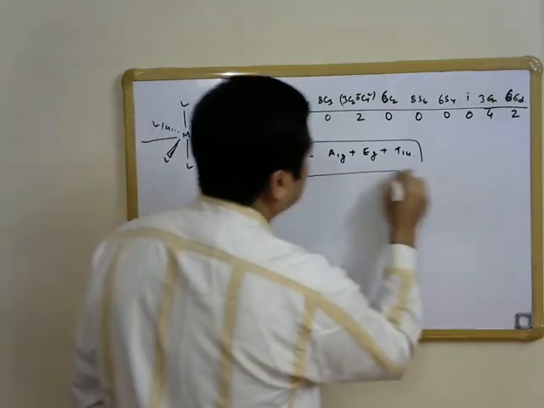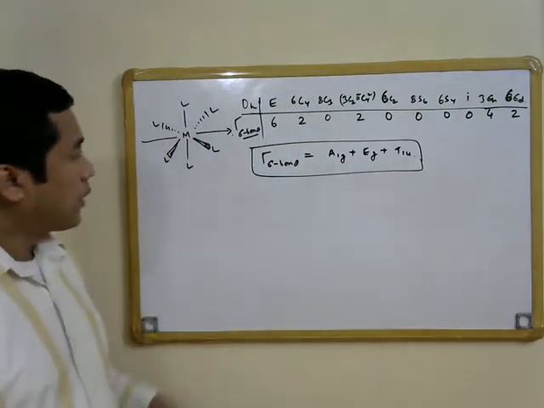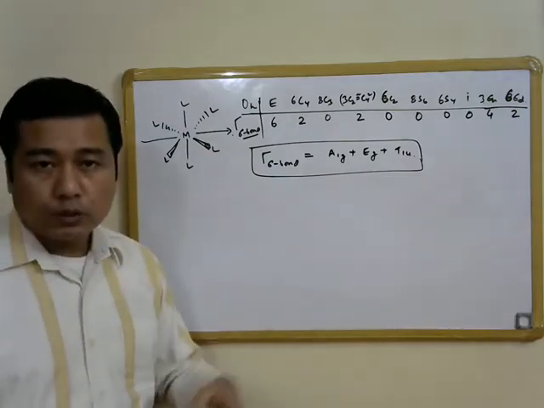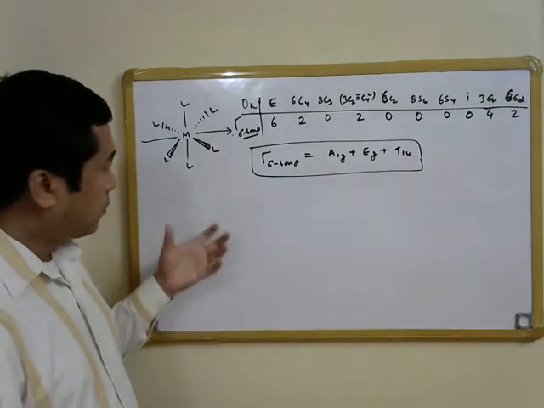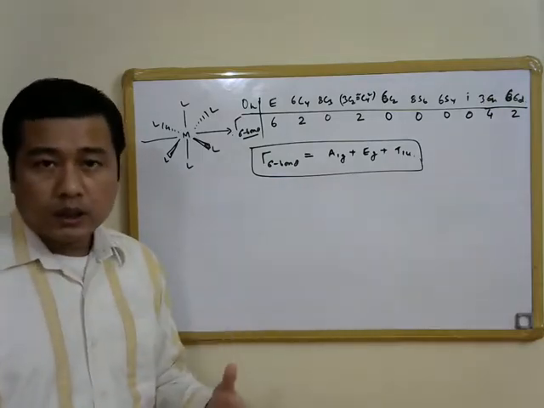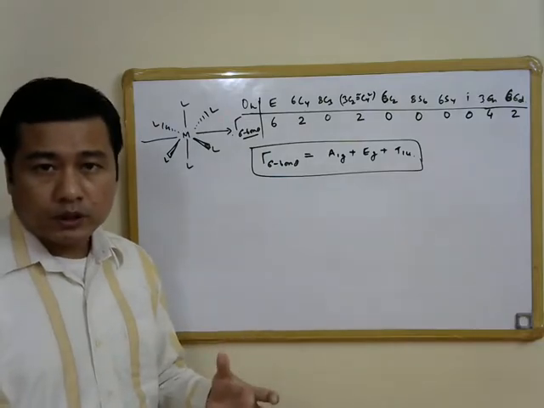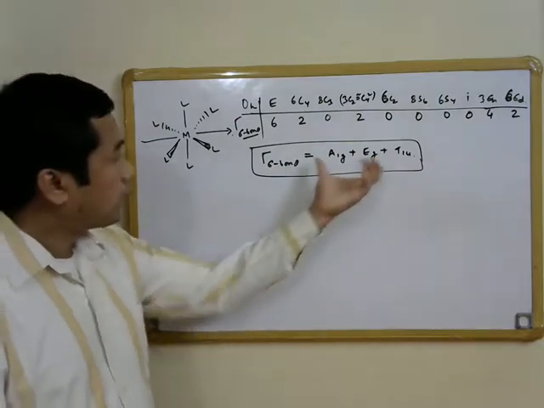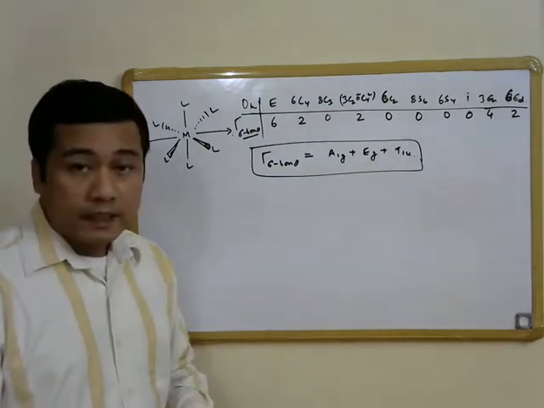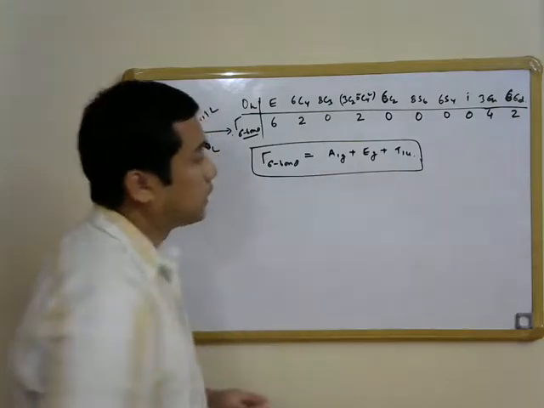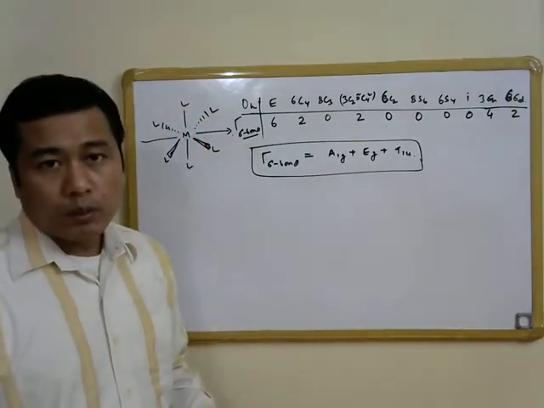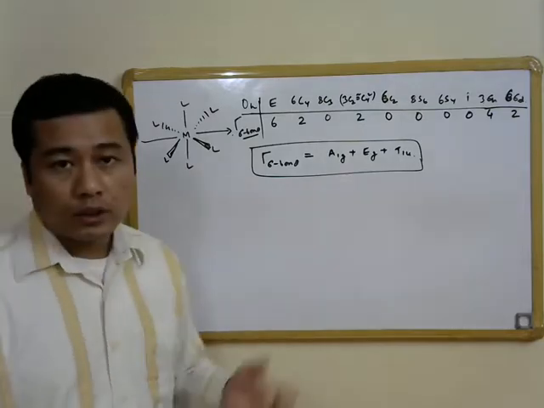So what it tells us is that when the ligands approach the metal center to form an octahedral complex, the ligand orbitals have to combine together first in such a way that they form molecular orbitals or ligand group orbitals of the right symmetry, that is A1g, Eg, and T1u. So with this knowledge, let us try to draw the molecular orbital diagram of an octahedral complex.